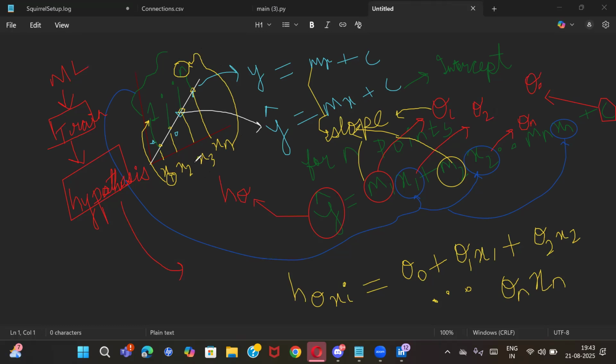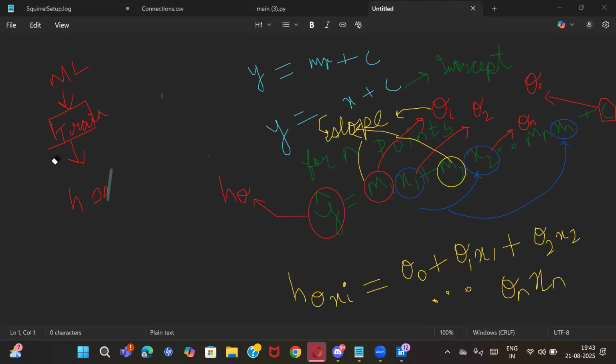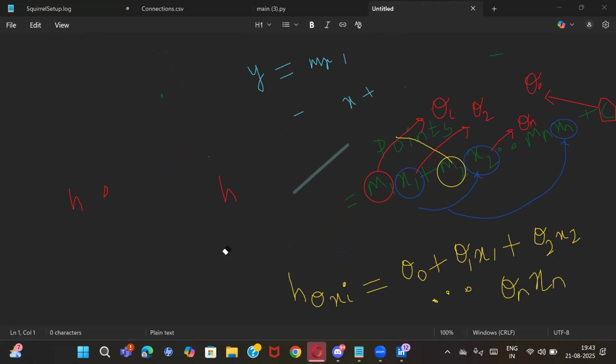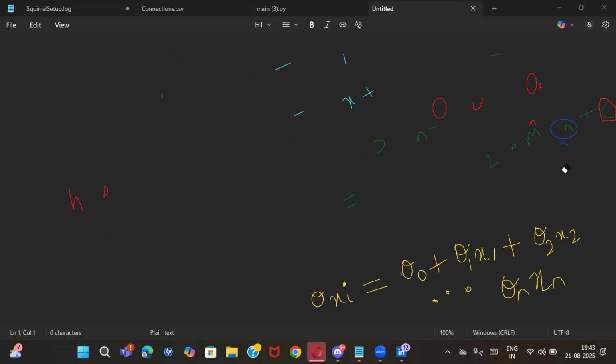So what have you understood here? What will be the final equation for all these if we write it according to the hypothesis?